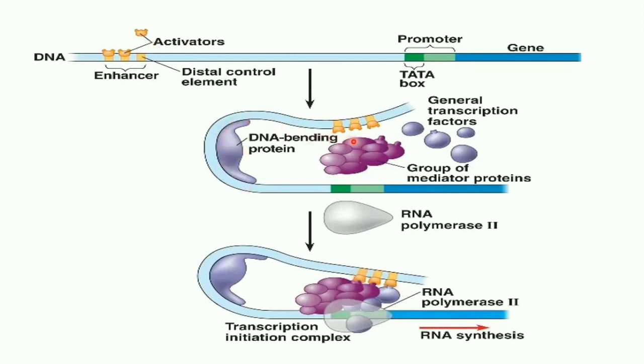The whole DNA has bent over because of the bending protein, and that's why this enhancer, which was distal, will come nearer, and then along with the transcription factors and other mediator proteins, with the RNA polymerase, it will transcribe and produce the mRNA. And this is how the enhancers help in transcription.